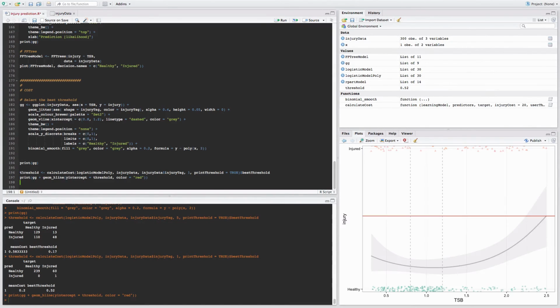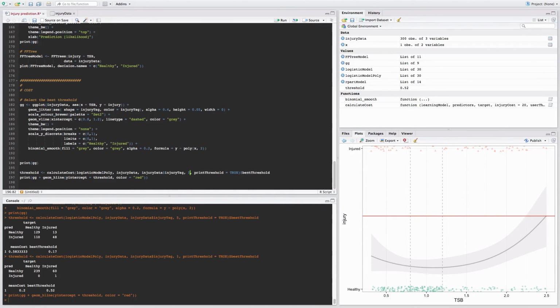So we might plot that. Pretty much we are calling everyone healthy, because the cost of calling someone healthy who ends up being injured is the same as the cost of calling someone injured who ends up being healthy. I hope I said that correctly. Anyway, the cost of the two errors is the same.